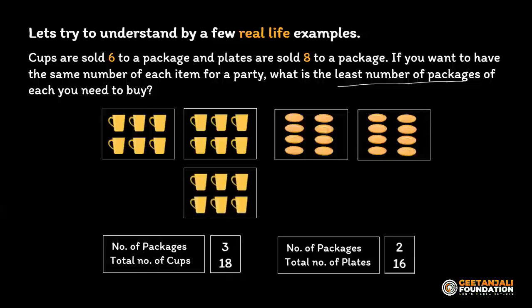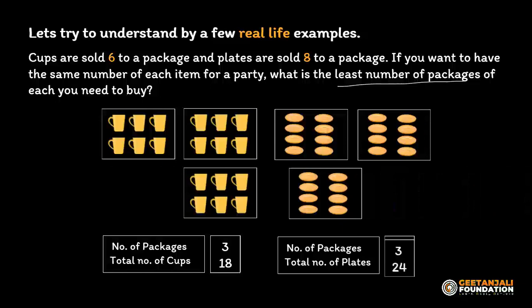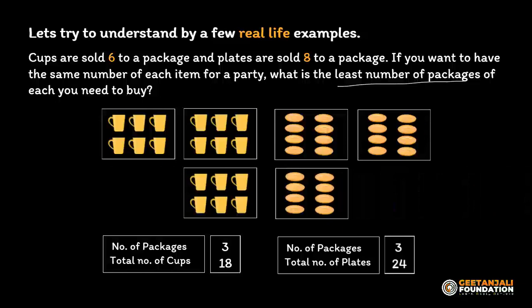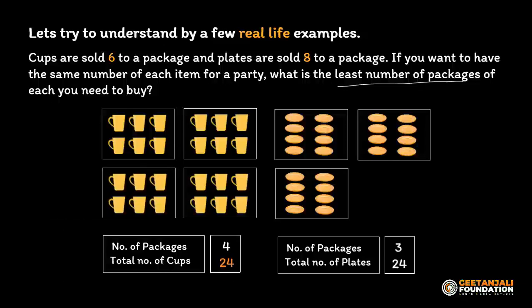The number is still not the same, so you take one more package of cups. Now you have 18 cups, which is more, so you take one more package of plates. Now you have 24 plates but 18 cups, so you take one more package of cups. Now you notice that you have an equal number of plates and cups, which is 24. So you can now tell the shopkeeper that you need 4 packages of cups and 3 packages of plates.